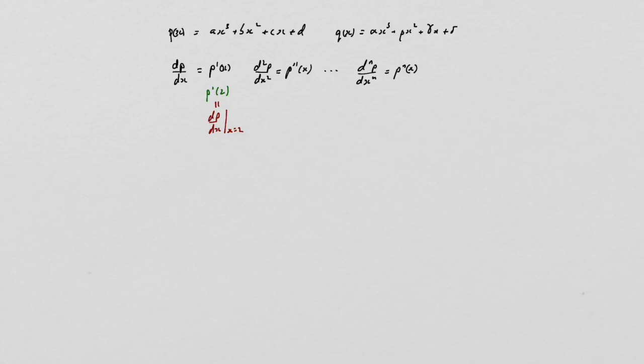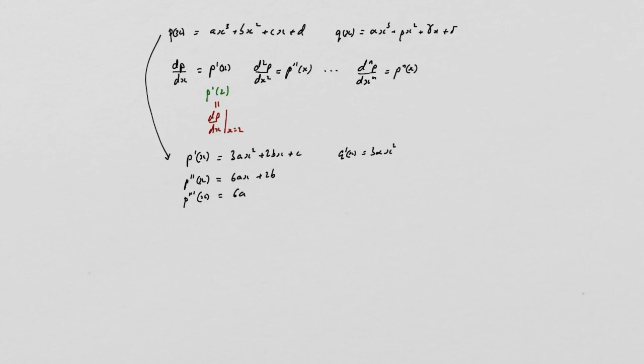So, if we look at p of x and then we differentiate it, p dashed of x will be 3a x squared plus 2bx plus c, and p double dash, or the second derivative, will be 6ax plus 2b, and the third derivative would be 6a. Now for q, we'd have q dashed of x is 3 alpha x squared plus 2 beta x plus gamma.